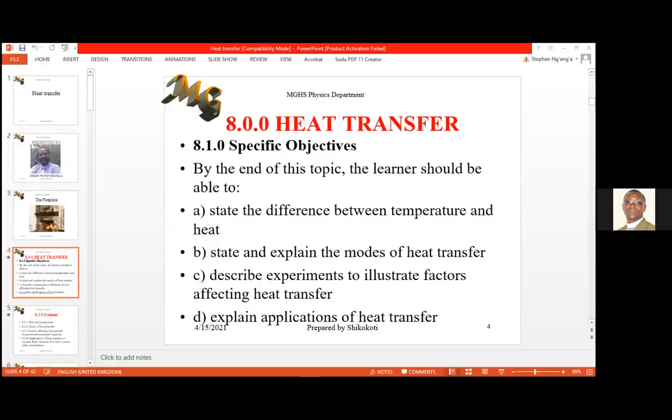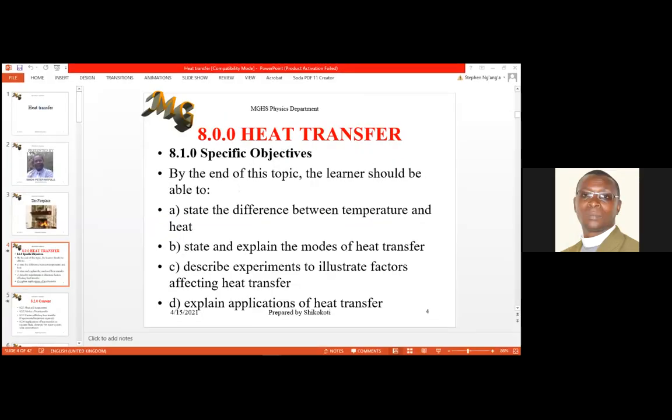I guess you already get that, isn't it? We should be able to state and explain the modes of heat transfer. We should also be able to describe experiments to illustrate factors affecting heat transfer and explain applications of heat transfer.